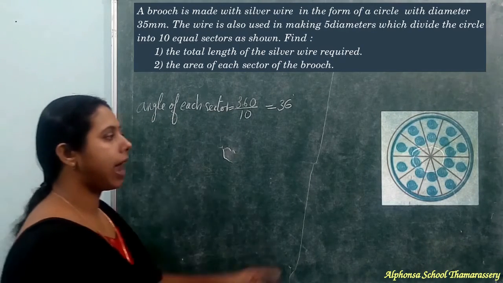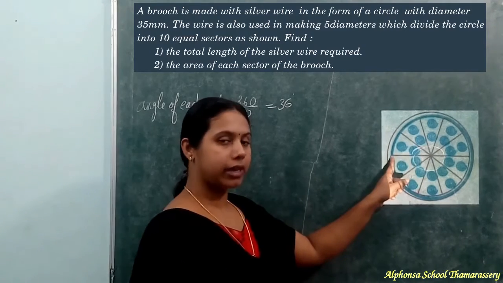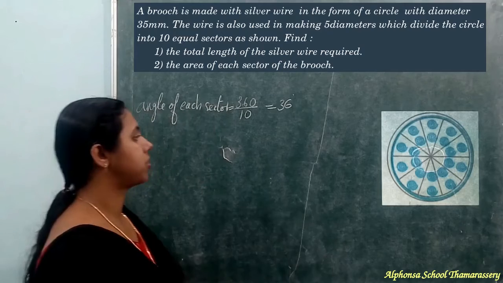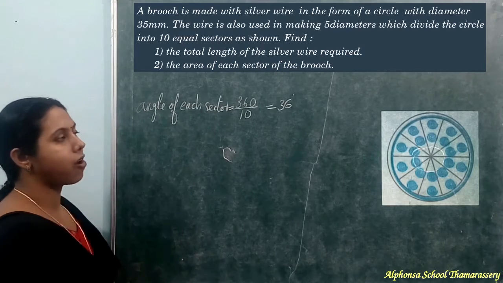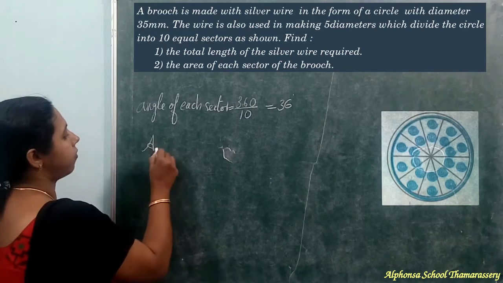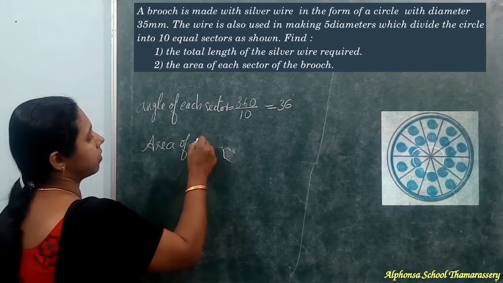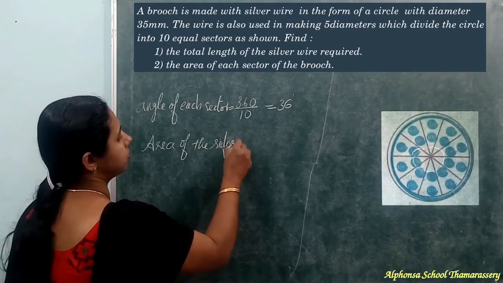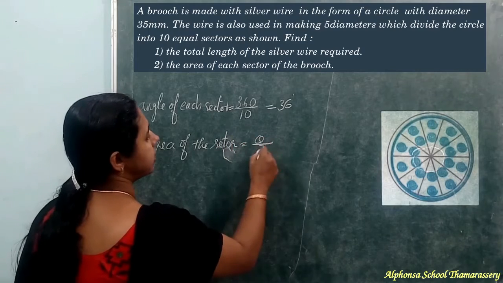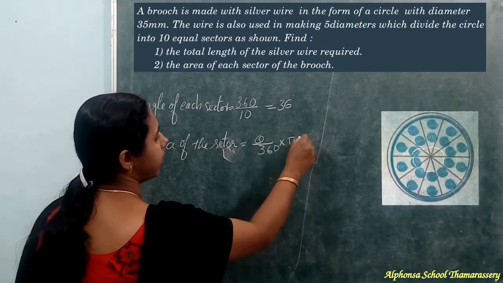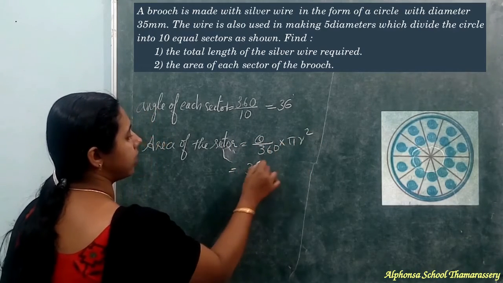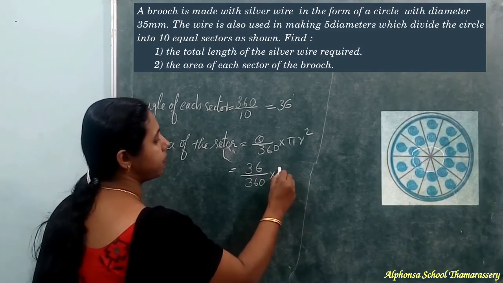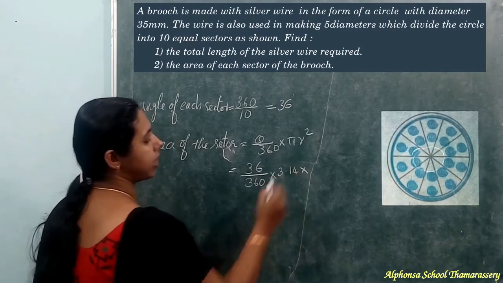So if we know the angle and the radius, we know the radius of the sector and now we know the angle of each sector, so we can find the area of each sector. Area of the sector is equal to theta by 360 into pi r square, that is equal to angle 36 divided by 360 into 3.14 into radius.